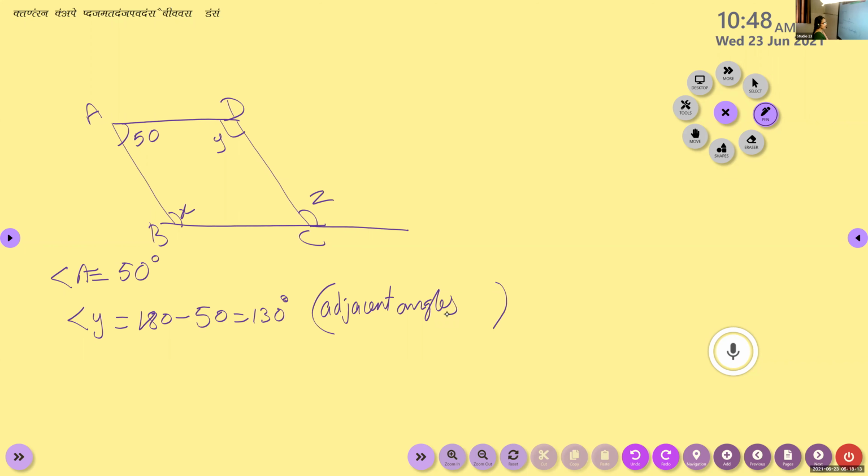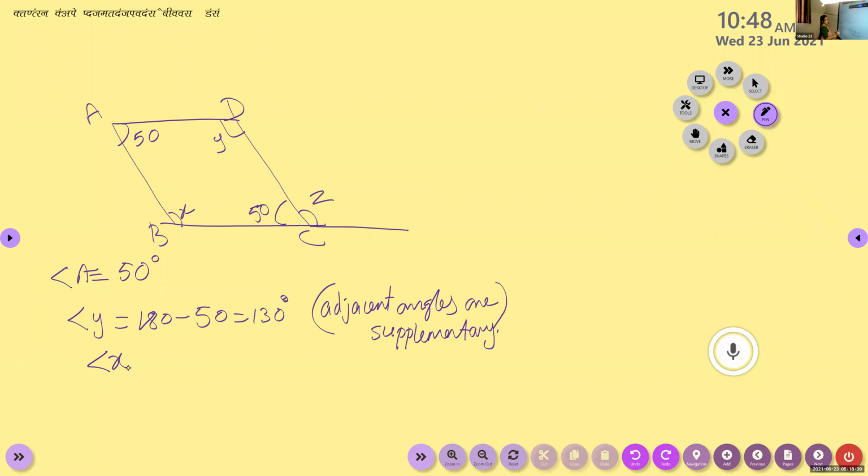Adjacent angles are supplementary. Ma'am, angle C is equal to angle A because opposite angles are equal. But we didn't find it yet. C will be this angle, yes, it will be 50. Angle y equals 130. So x, or angle B, equals 130.